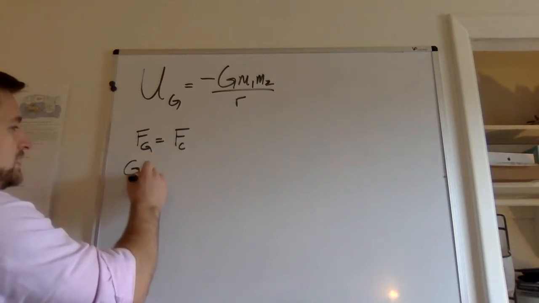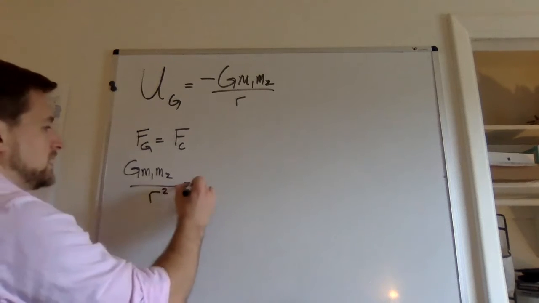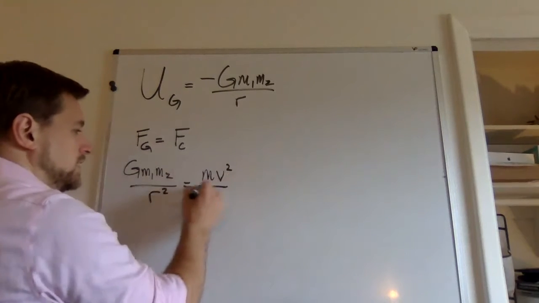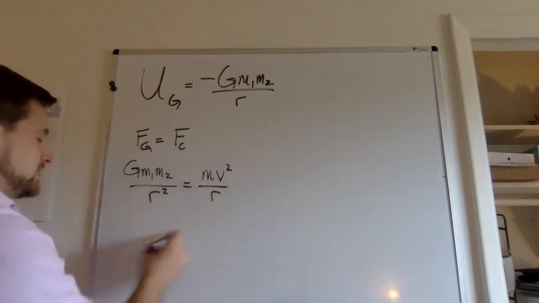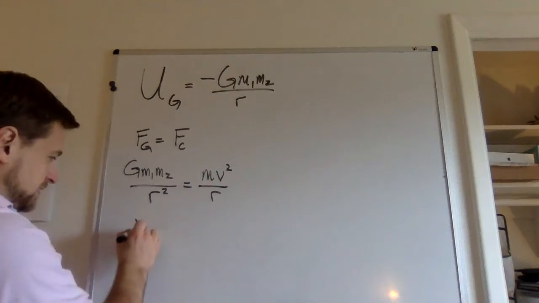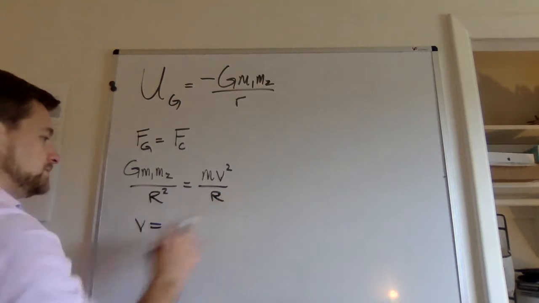So capital G m1 m2 over r squared is m v squared over r. And we can express the speed of circular orbit at radius r.